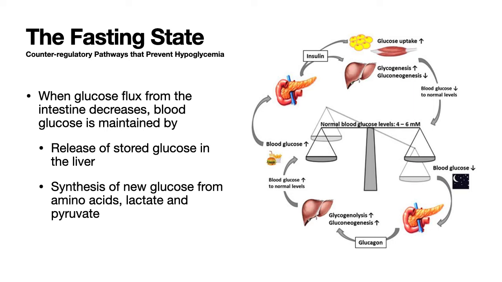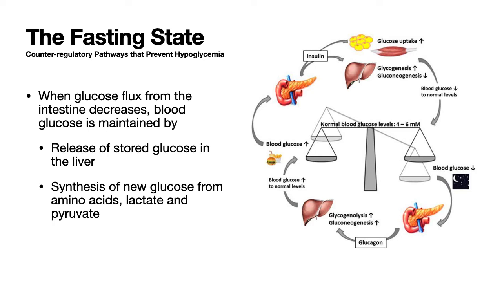And these two processes will then lead to the liver releasing glucose, which will then combat the lowering of blood glucose. So, the liver, through glycogenolysis and gluconeogenesis, will increase the output of glucose to cause a normalization of the balance of glucose.